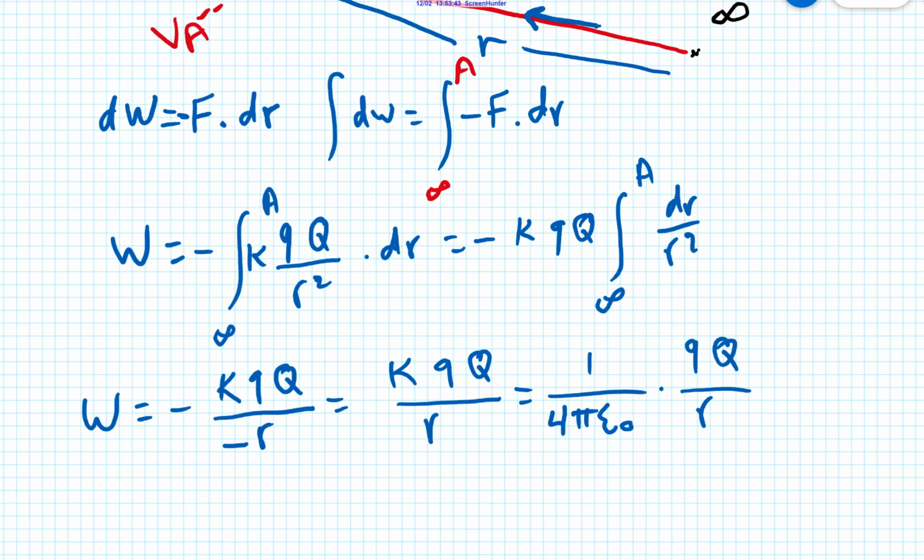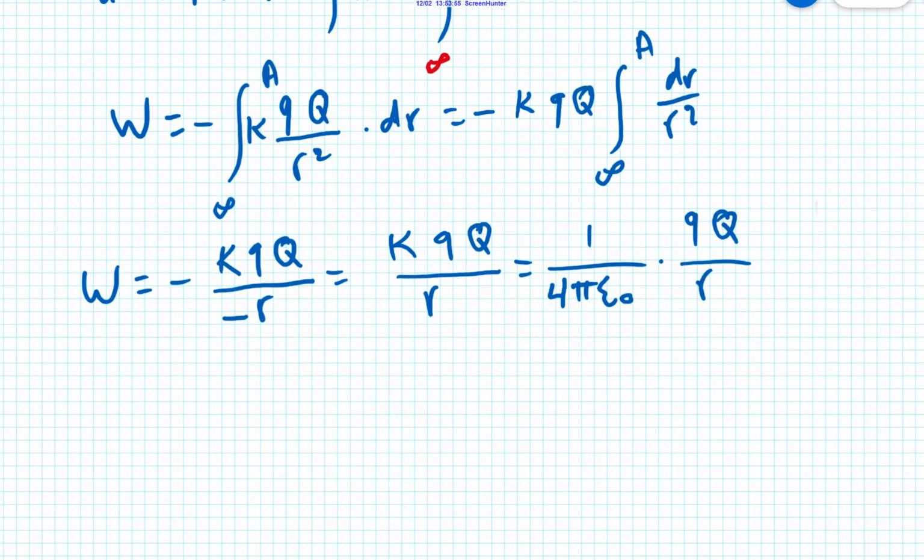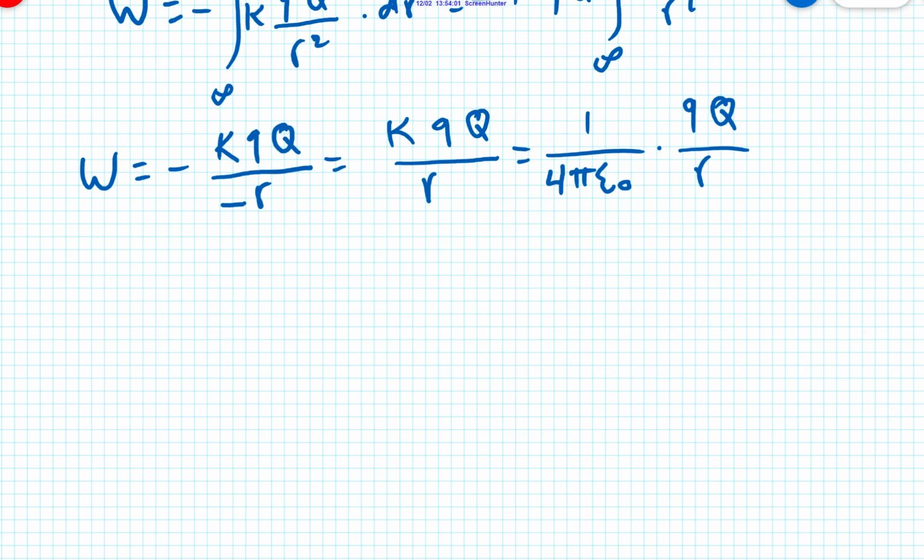Again, this is dragging the positive charge from infinity to point A around the major electric charge Q. Now, according to the definition, the electric potential at a point A is the work done in bringing a unit positive charge, which means it is the work done per unit charge. So the voltage is equal to the work per charge.